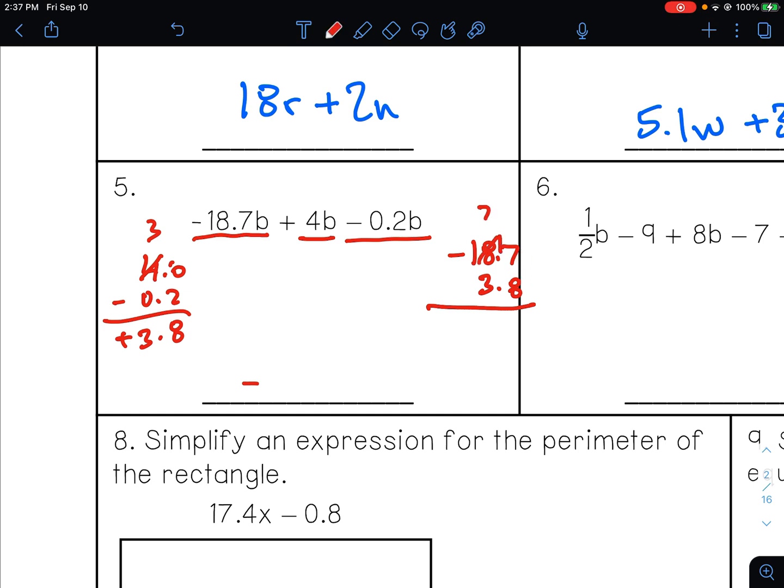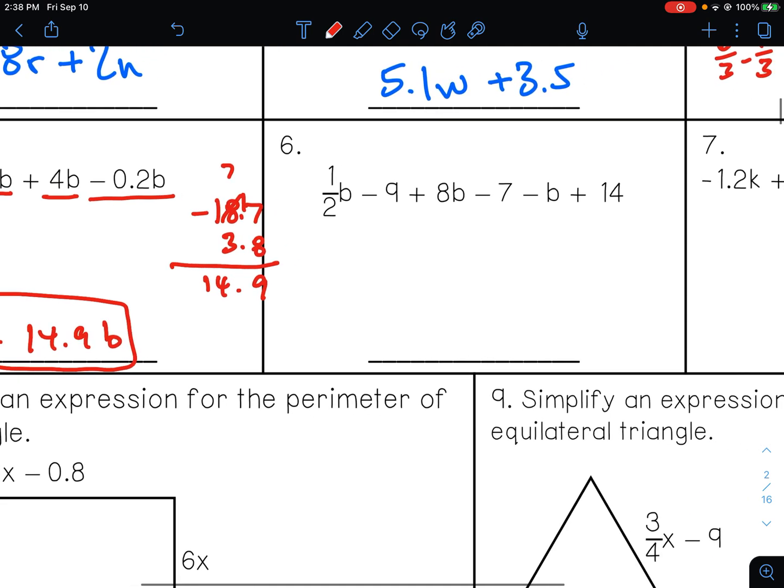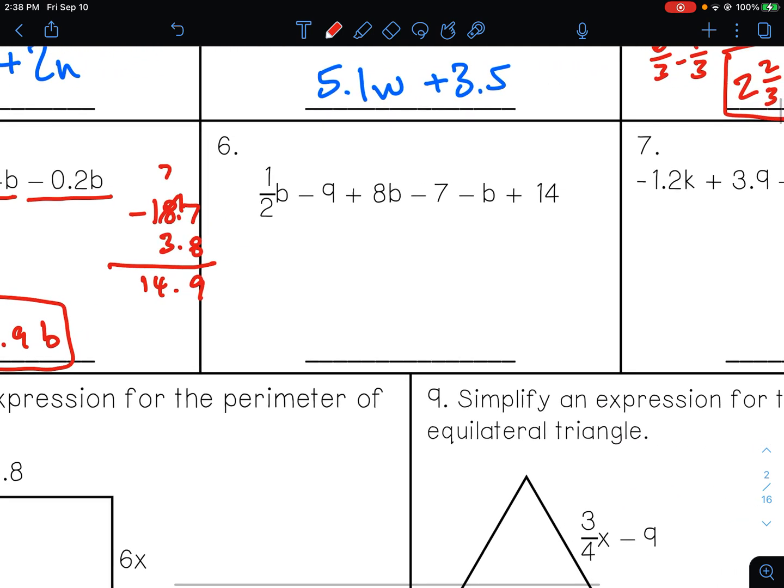That's 17, that gives us 9. 7 minus 3 is 4. And then I bring down the 1, so negative 14.9b is our simplified term. Whew. Let's go to the next one. Next one. 1/2 b. Oh, they are not making it easy for me.